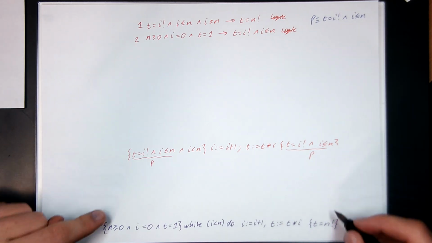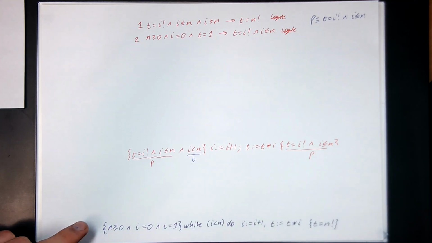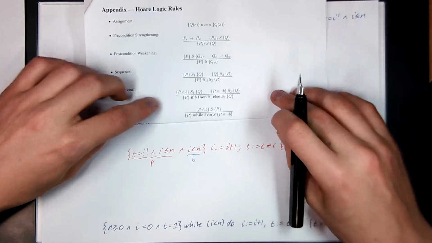If I want to get from here down to here, so this is B, I can use the while rule forwards. So what's the while rule? Here it is.